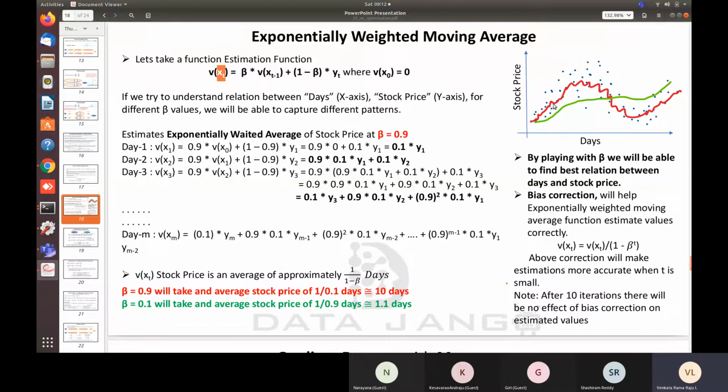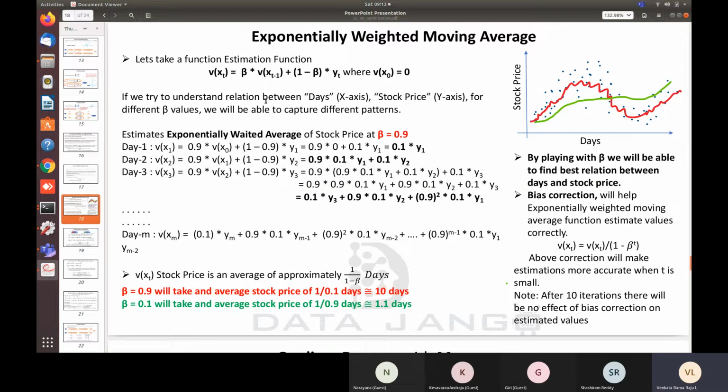V is a function that takes the input x value and tries to predict the y value. V of xt can be found using beta into v of xt minus 1 plus 1 minus beta into yt, where t is the time.